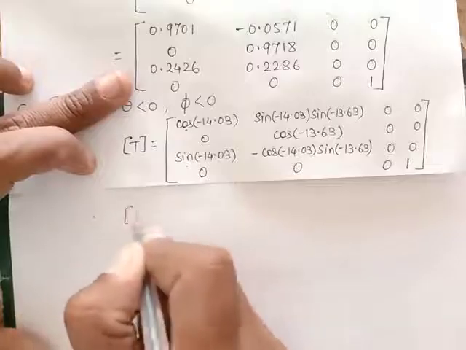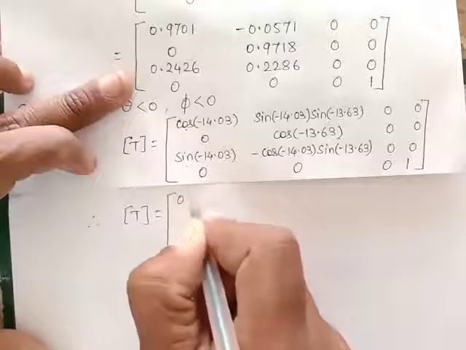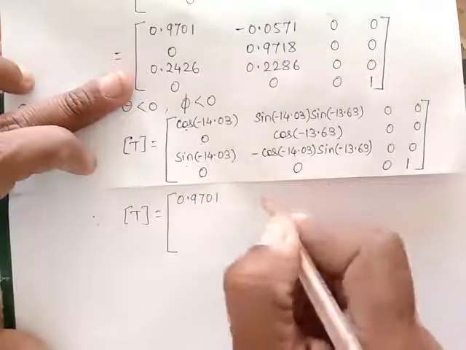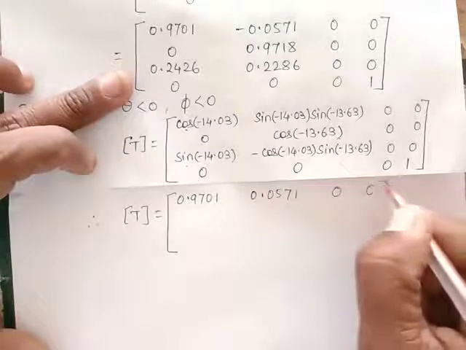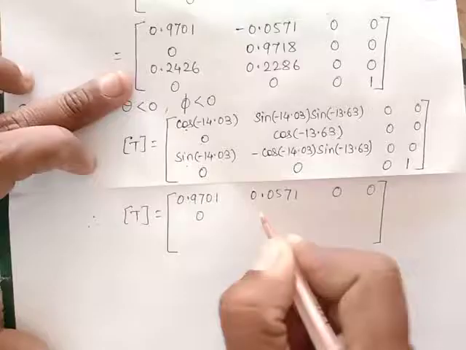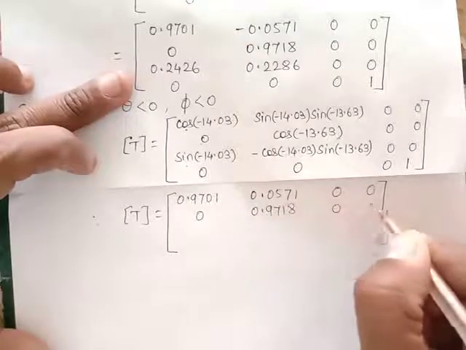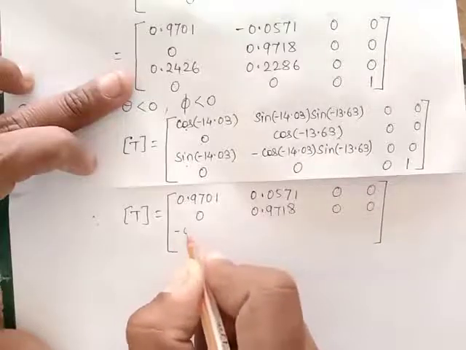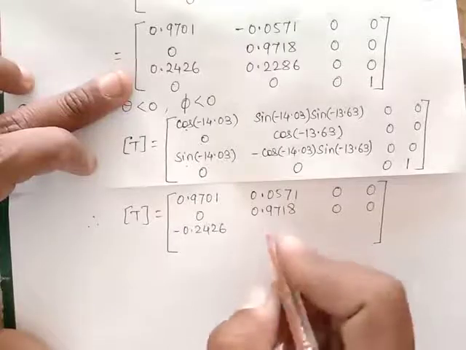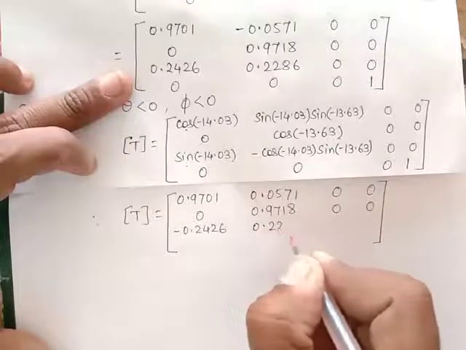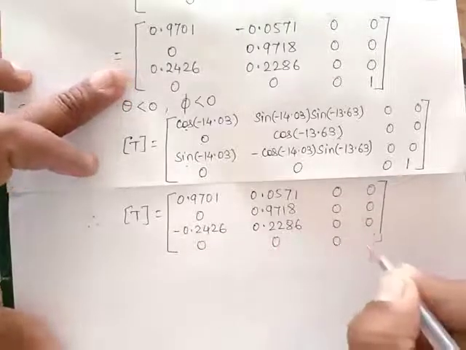Therefore, T equal to 0.9701, 0.0571, 0, 0, right? 0, 0.9718, minus 0.2426, 0.2286.